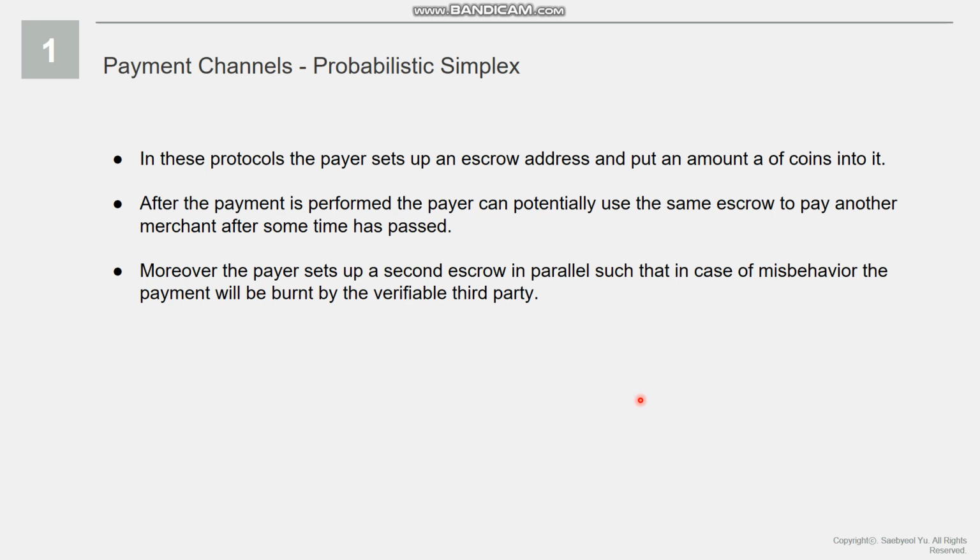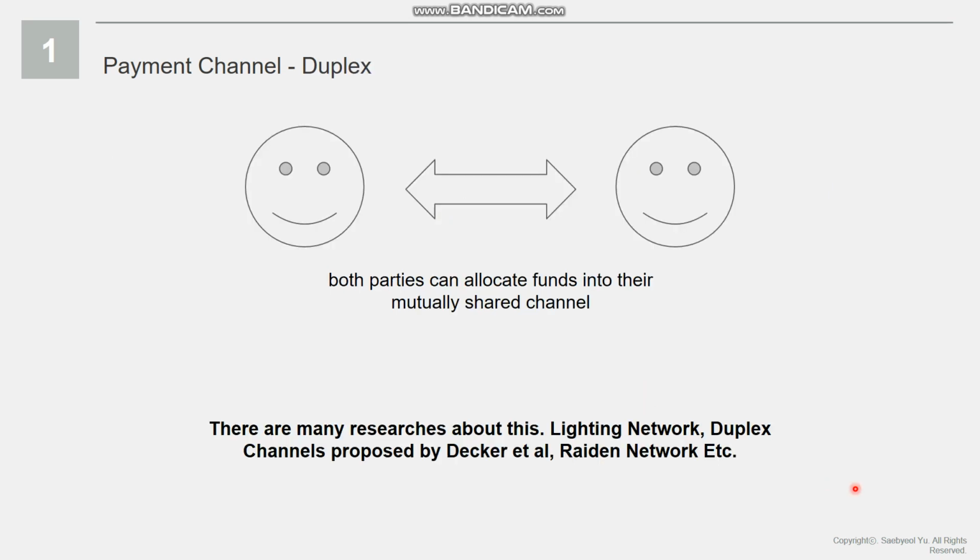So this is the earliest proposal of payment channels. And finally, this is the duplex payment channel. As you know, both parties can allocate funds into their mutually shared channel, and there is a lot of research about this. For example, the Lightning Network, duplex channels proposed by Decker, and so on.